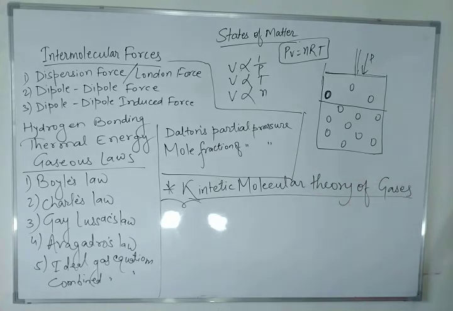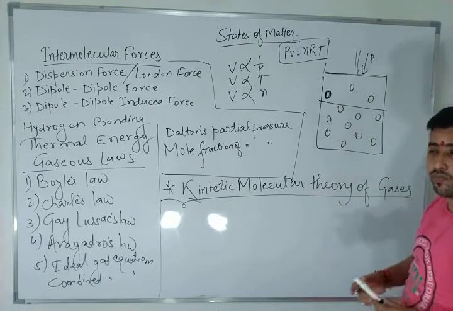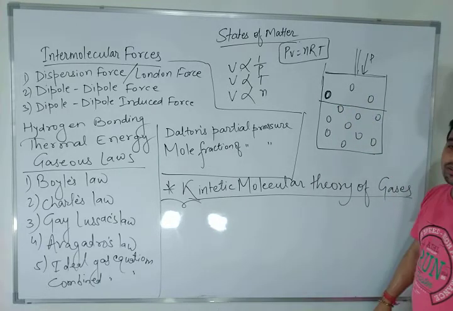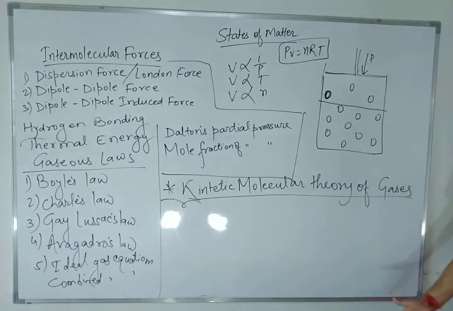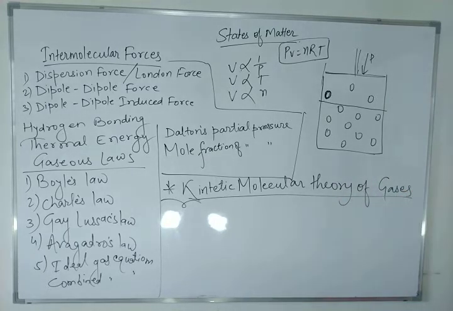According to the first postulate, there is high compressibility, but if I talk about the number of atoms and the attraction forces, can you tell me? There are no attraction forces. If there are no attraction forces, the gases will expand all over the space available to them, wherever they want. So this was the second postulate of the kinetic molecular theory of gases.